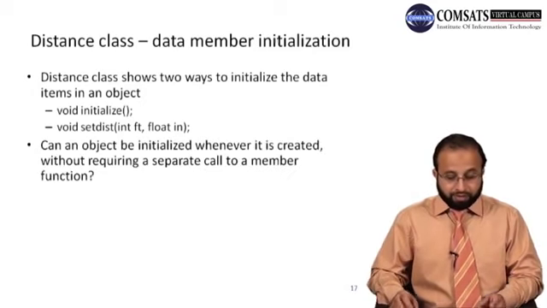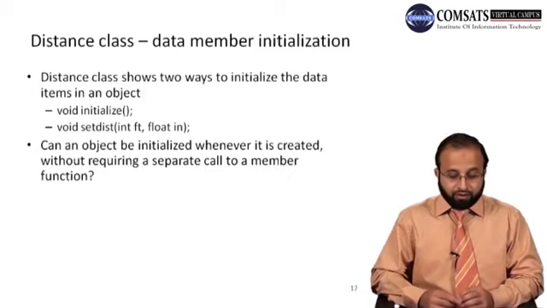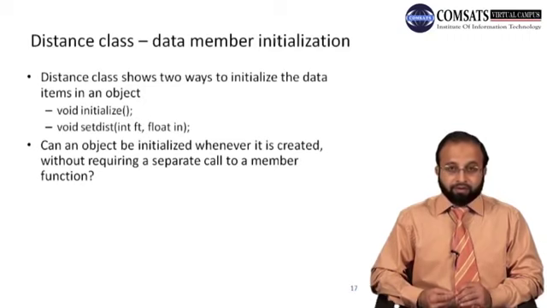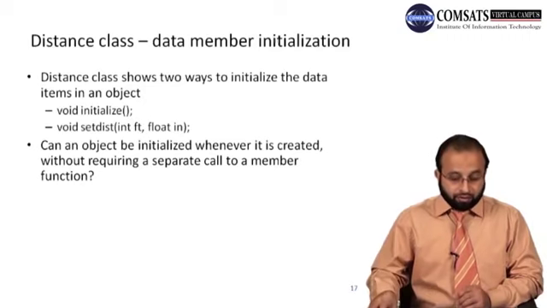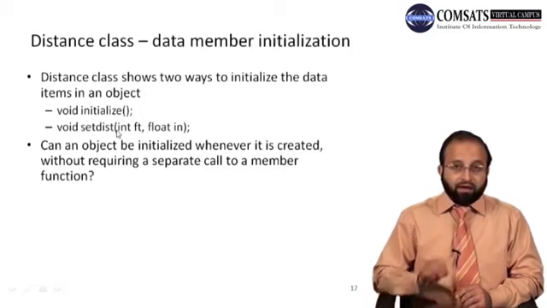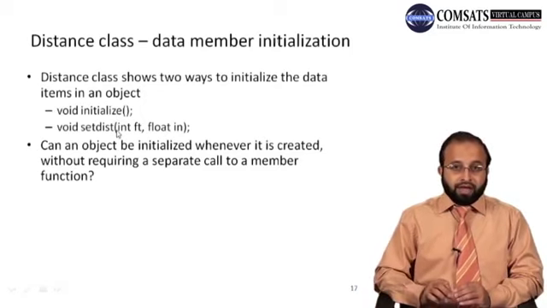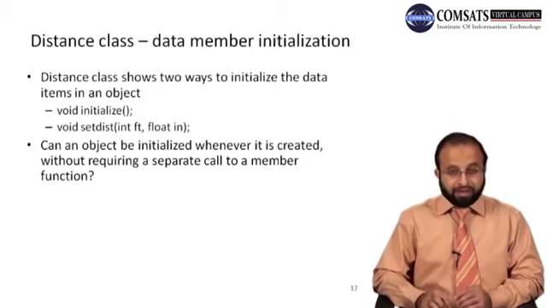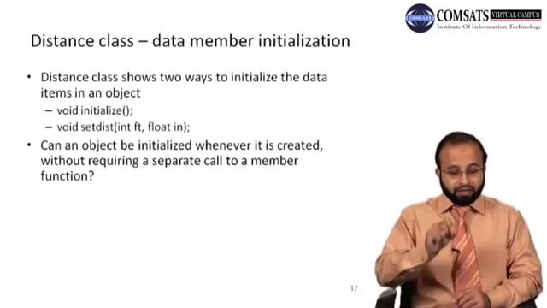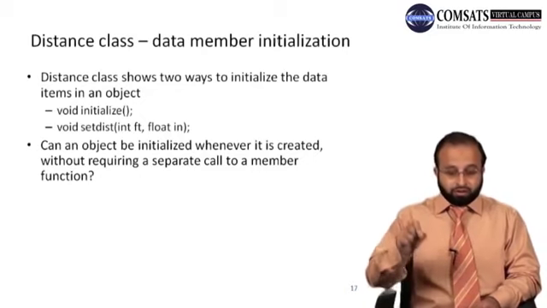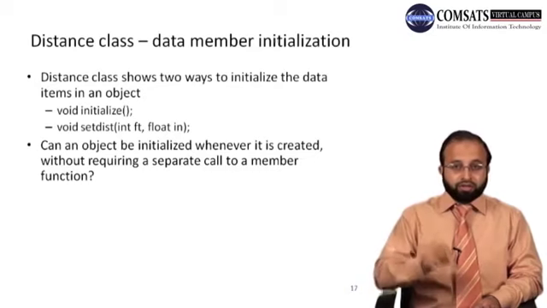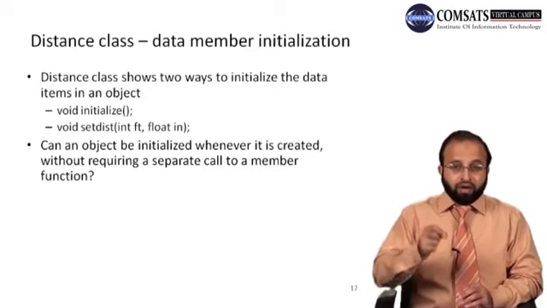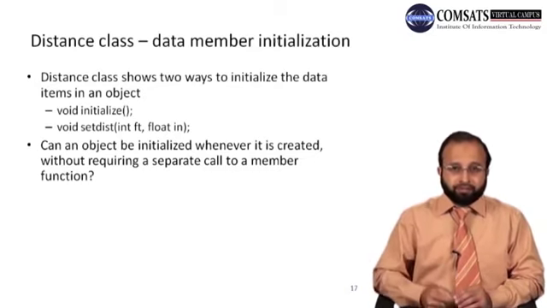So can an object be initialized whenever it is created without requiring a separate call to a member function? So this requires that you have to explicitly call the initialize and set dest function. You have to write dest1 dot set dest if you want to initialize its value, or you have to write dest1 dot initialize, right?